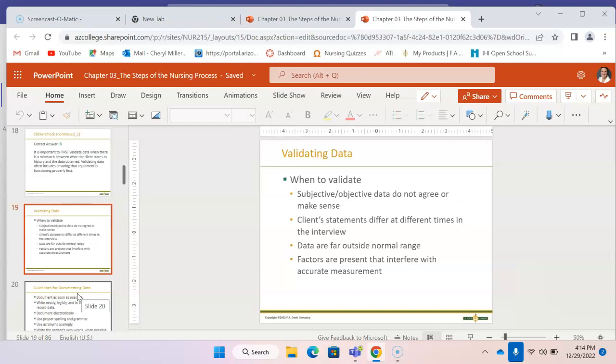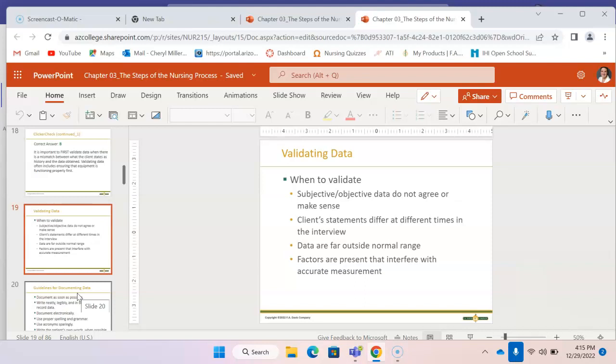Anytime factors are present that interfere with accurate measurement, like fingernail polish, always validate if something seems off, okay? The client's statements differ at different times in the interview. "No, I'm not in pain." And then they start crying 10 minutes later. What's your pain now? should be a key indication, okay?